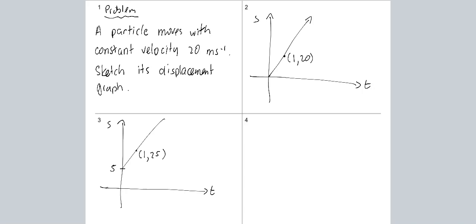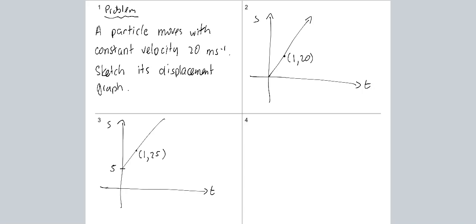So when you're given a velocity and you need to work out the displacement function, you can't do it unless you are given the initial position or some other piece of information. It's usually the initial position, but it could be something else.